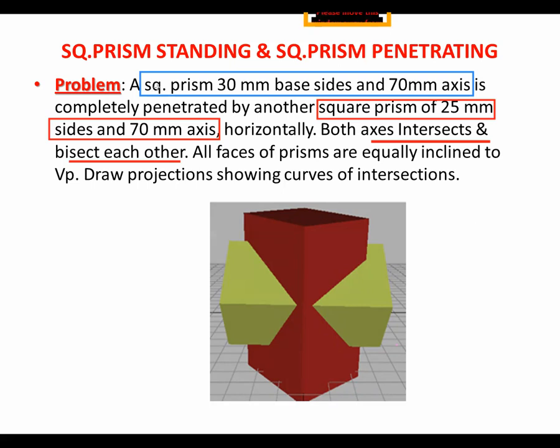Now in this problem statement, they have given dimensions of both square prisms. One is vertical and one is horizontal.